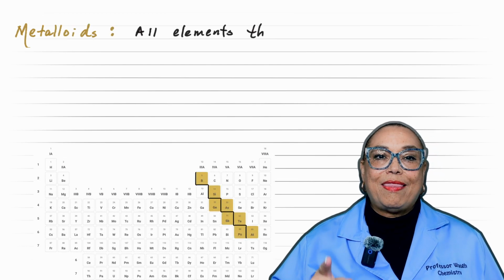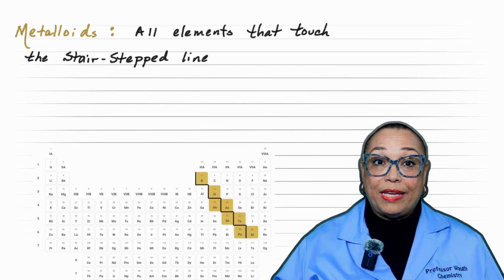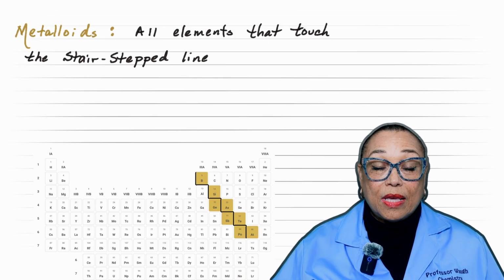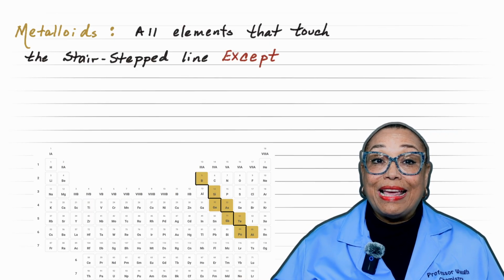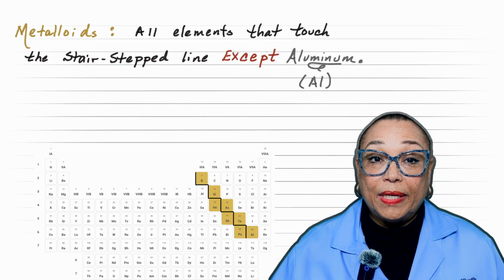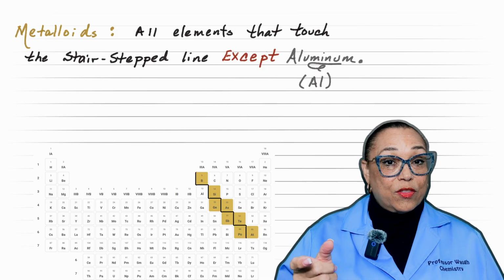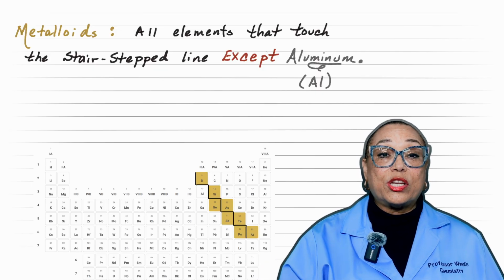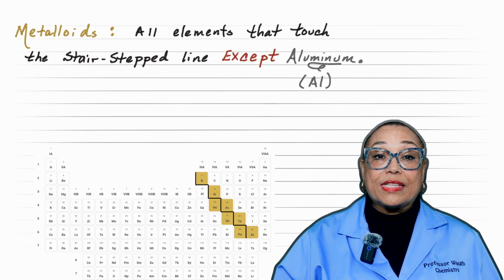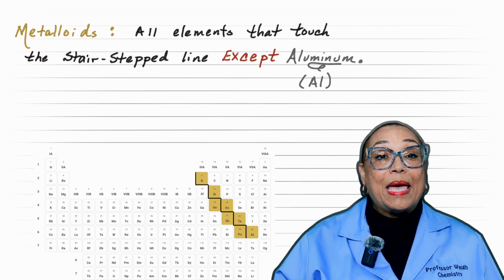Now let's talk about the metalloids. Every element that touches the stair-step line is a metalloid, excluding aluminum. Aluminum is going to be a metal for the rest of your life. But every other element that touches the stair-step line, as I noted previously, will be a metalloid.